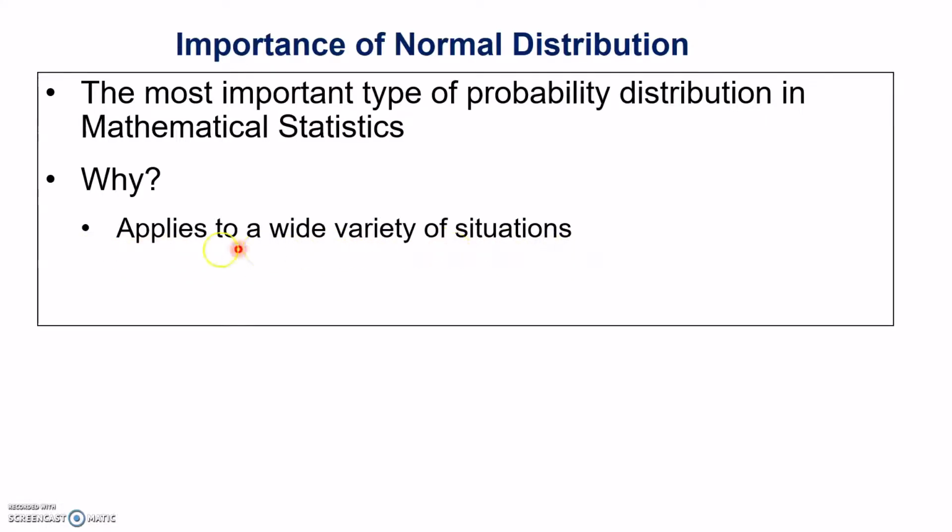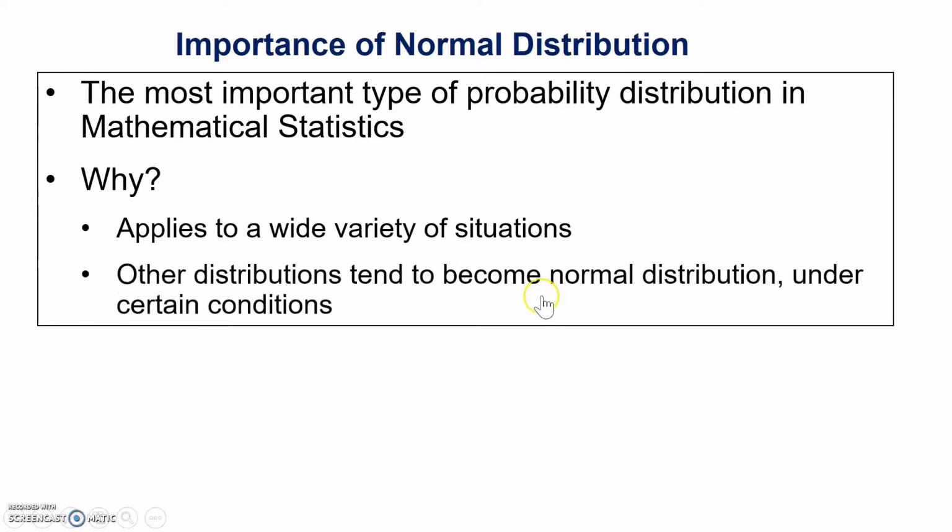They appear in our everyday life very often. And other distributions tend to become a normal distribution under certain conditions. You must have heard the saying all roads lead to Rome, right? It's a similar thing here. Every other distribution tends to become a normal distribution under certain conditions. So these are the two main reasons which contribute to the importance of the normal distribution.